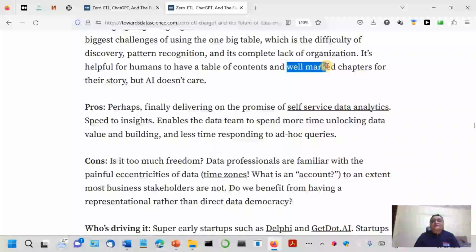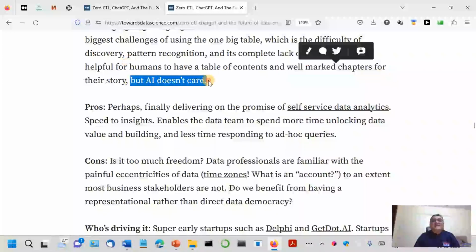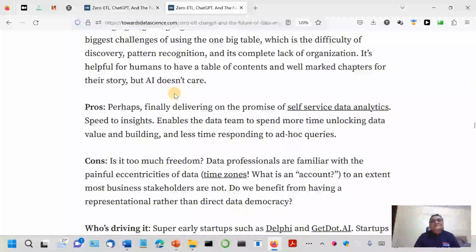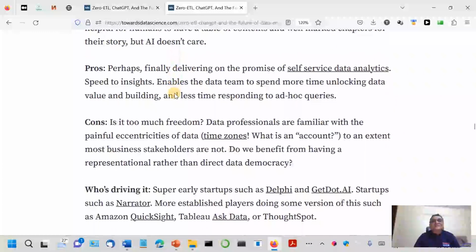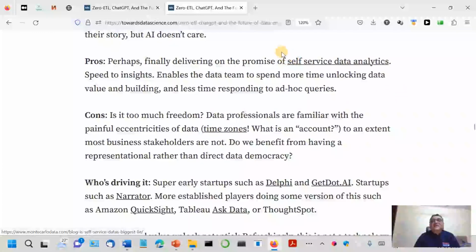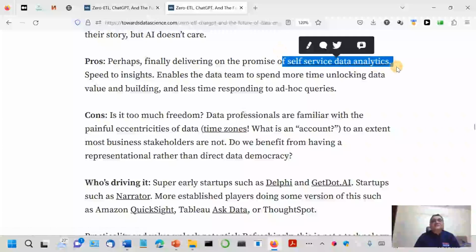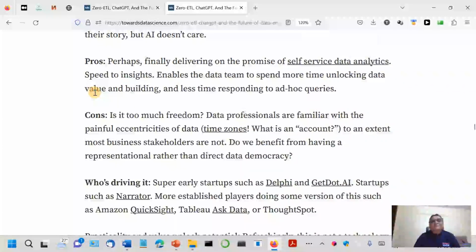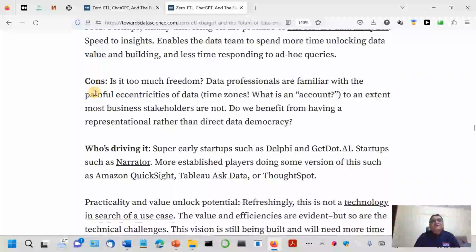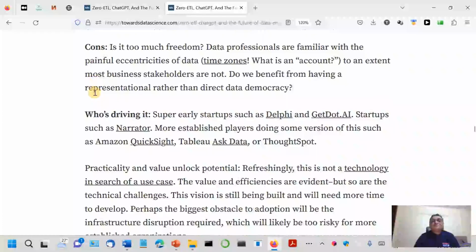But AI does not care about the complexity. So self-service data analytics is something that perhaps can finally be delivered.